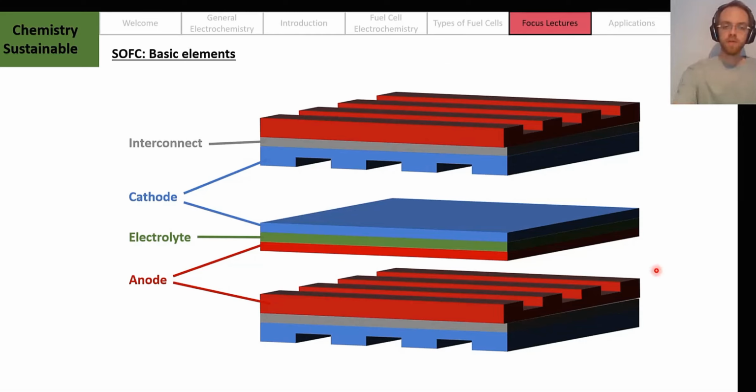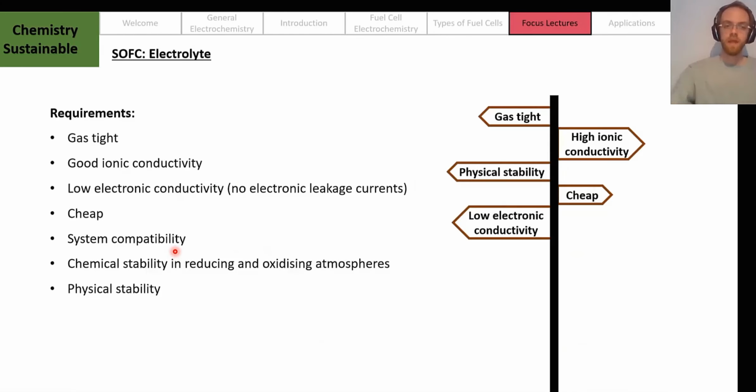Now, I would like to have a look at each of these elements, and I want to start off with the electrolyte here. The electrolyte has to serve certain requirements in order to qualify to be used as electrolyte in fuel cells. So the electrolyte has to be gas tight, which makes sense because our gas shouldn't just diffuse through to the other side and facilitate a fuel crossover.